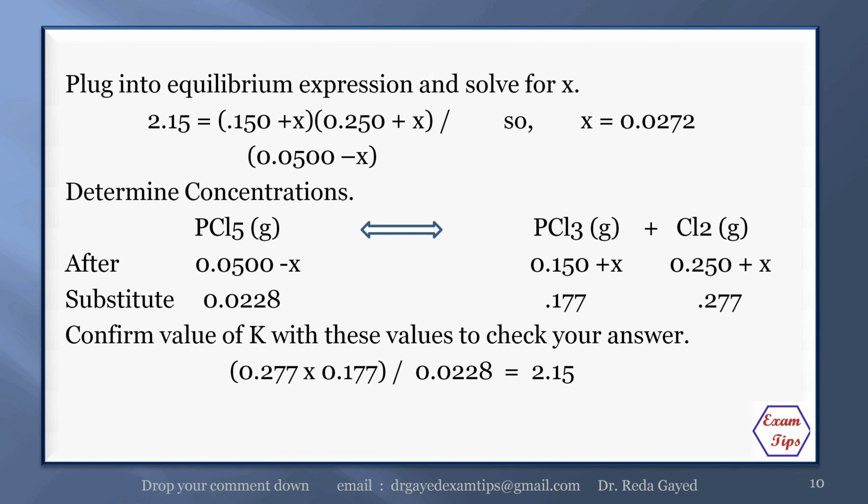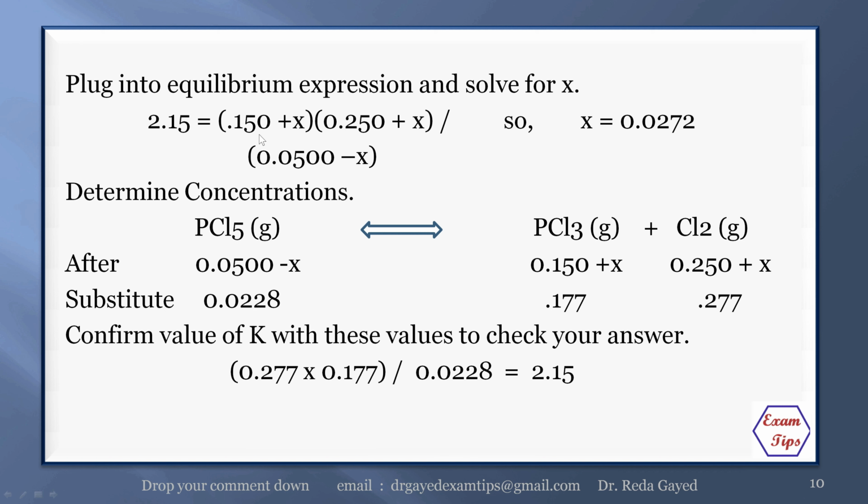So plug into the equilibrium expression and solve it for x. So 2.15 is given. Okay? This is Kp. So products over reactants, each to the power of its coefficient based on the balanced chemical equation. Okay.